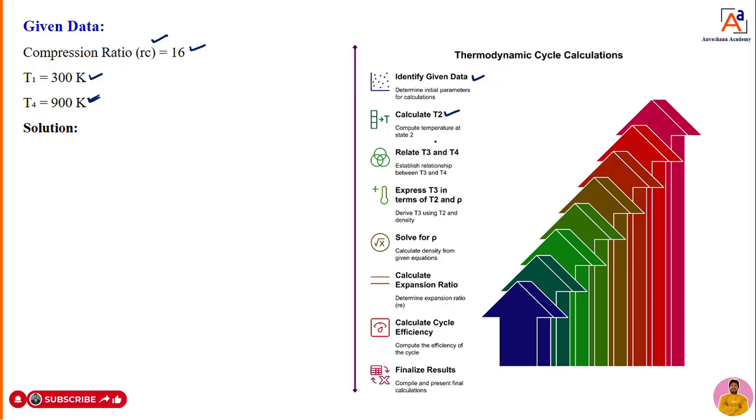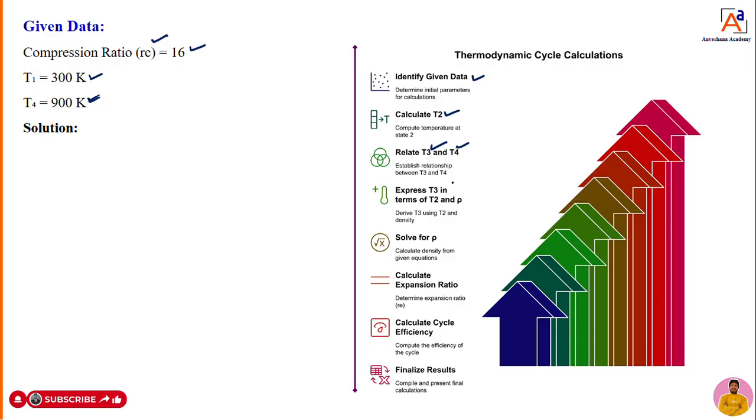Hence I will calculate all the temperatures and pressures step by step. So the second step, I will calculate T2. Then I will relate T3 and T4 with the help of the PV diagram of the diesel cycle. I will calculate T3 and relate it with T4, how, that I will show.